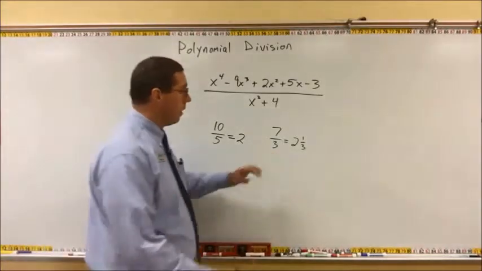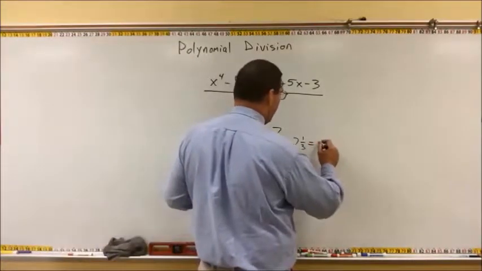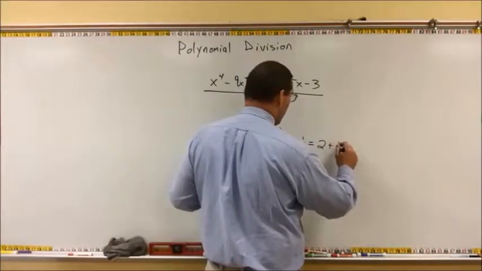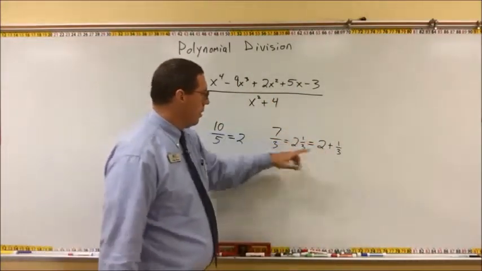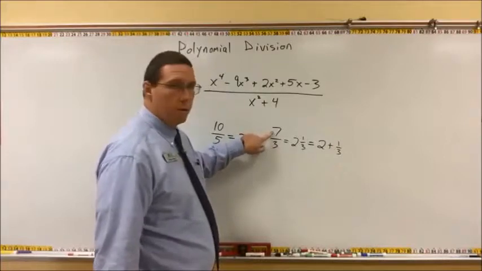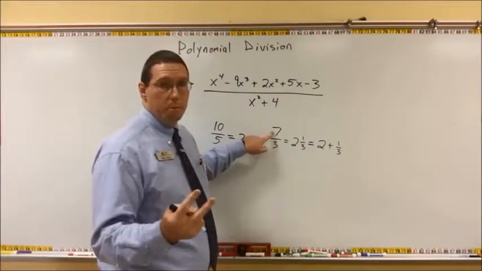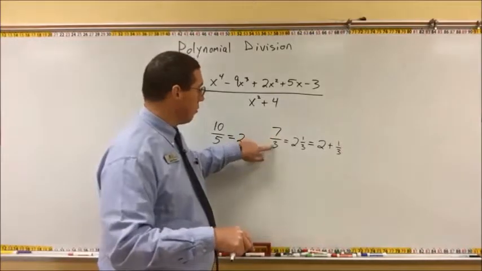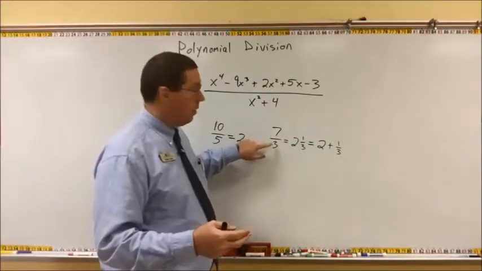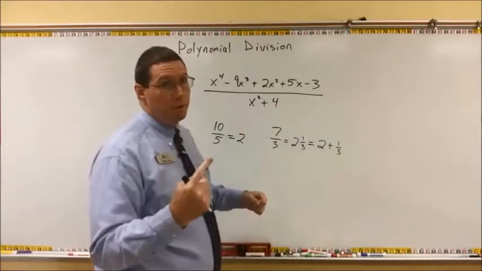We could write this as 2 plus 1/3, right? And the reason is that 3 only goes into 7 2 complete times, and then there's 1 left over, because 3 times 2 is 6, and 6 out of 7 leaves 1 left over.